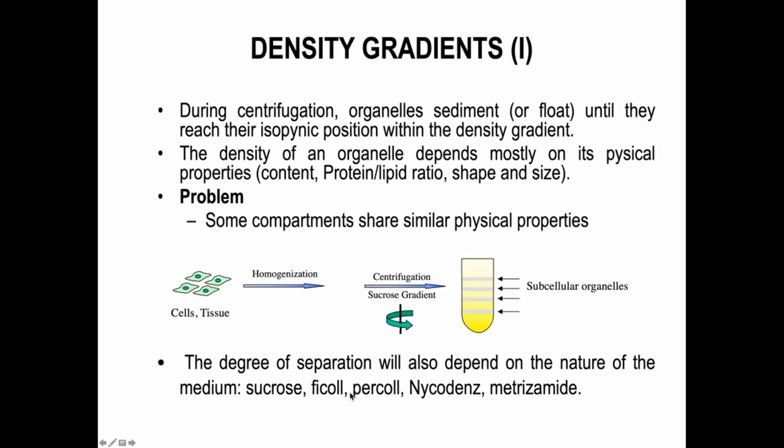These are commercially available density media, Nycodenz, metrizamide. The easiest is sucrose solutions that you can prepare with different densities and that you can overlay over each other, or you can make step gradients with 1 step, 2 steps, 3 steps, or you can make a continuous density gradient.